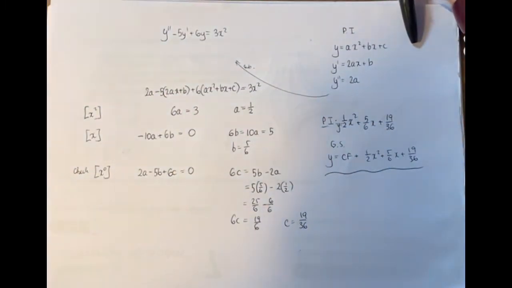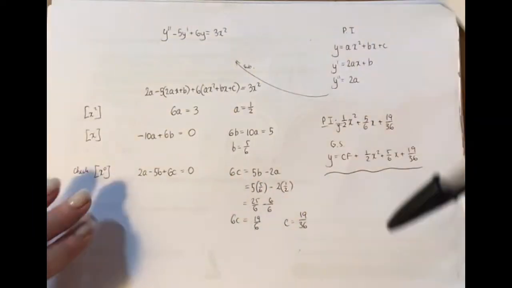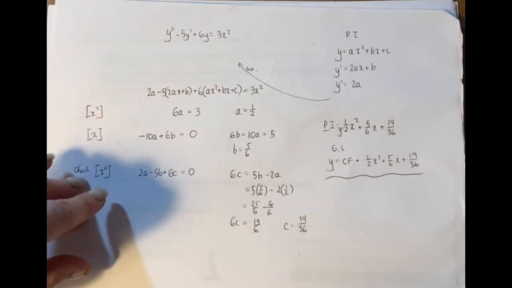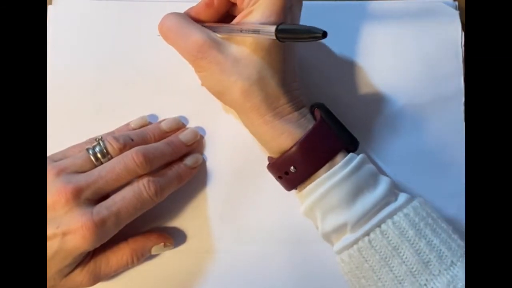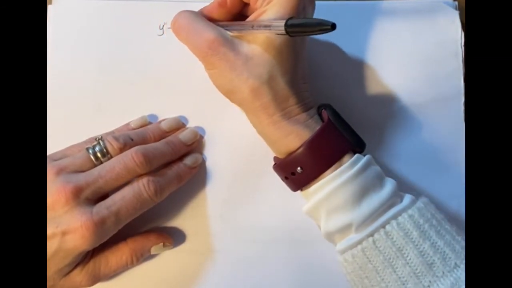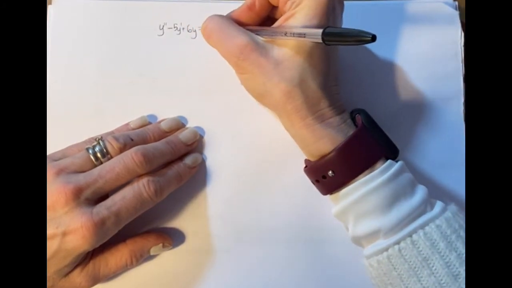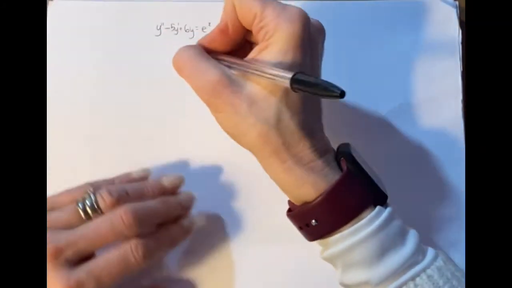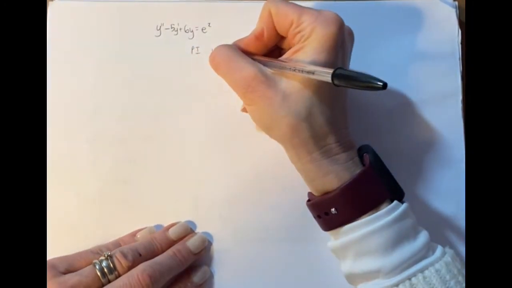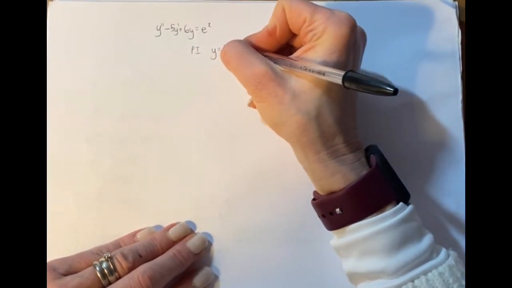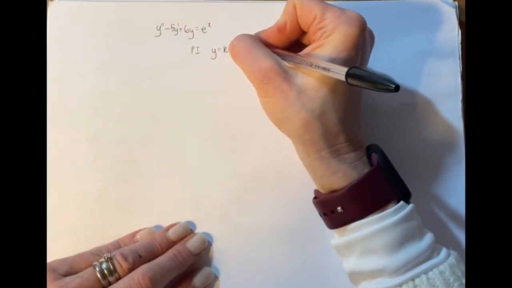So let's just double check 11c, and then we've got to find e to the power of x. So again, let's jot down the actual equation we are solving. This time it is e to the power of x. So for the particular integral, let it be y equals k e to the power of x.